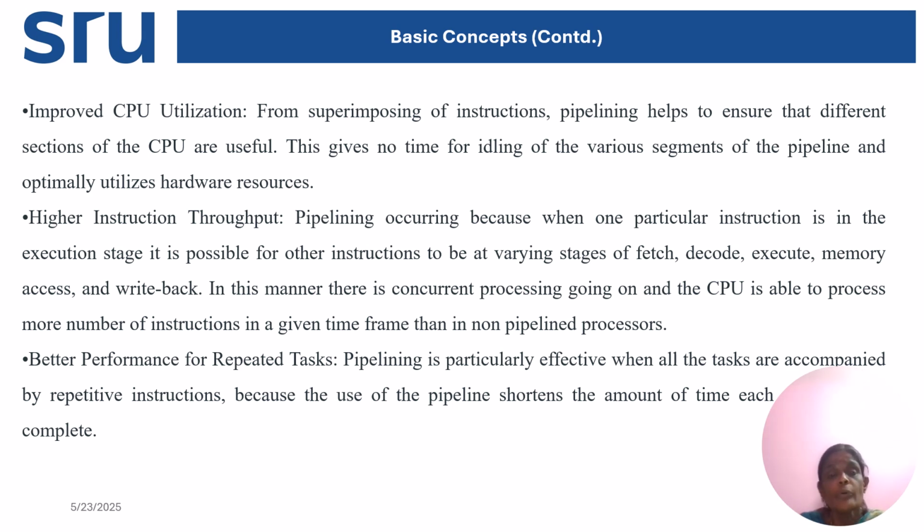From superimposing of instructions, I mean superimposing is overlapping, pipelining helps to ensure that different sections of the CPU are useful. So different sections, components, blocks of the CPU are useful. This gives no time for idling of the various segments of the pipeline and optimally utilizes hardware resources.